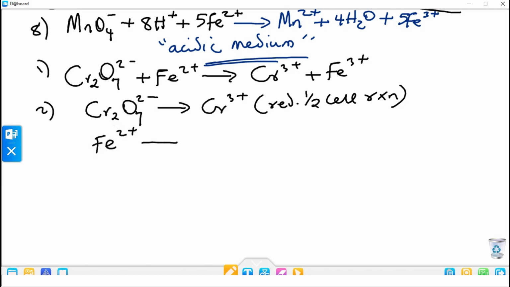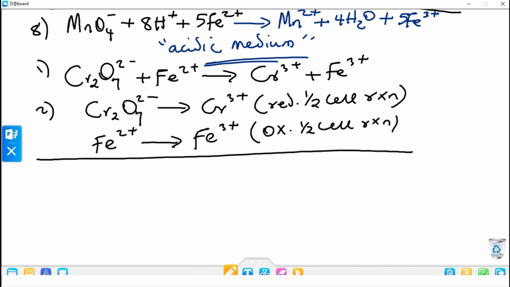Iron 2 went from iron 2 to iron 3, and that is the oxidation half cell reaction. So that is step 2.